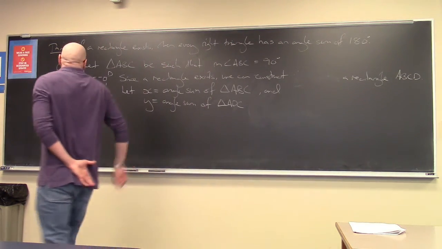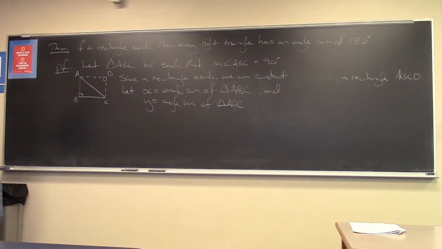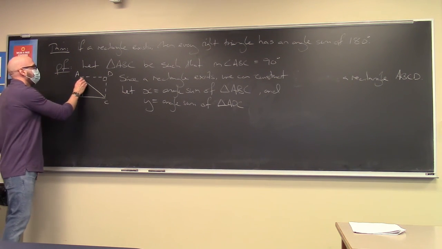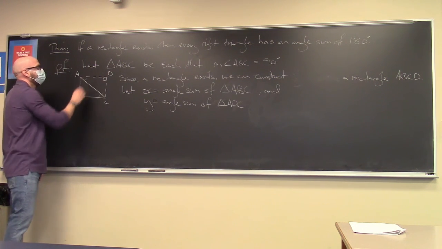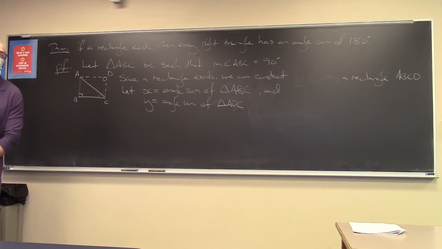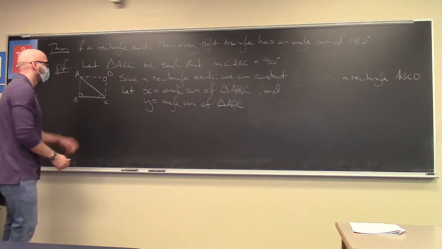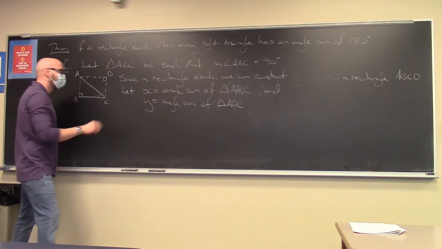What is the sum of x plus y? Take all these angles and add them all together, what do they add up to? 360, right? Because it's just the angle sum of a rectangle.